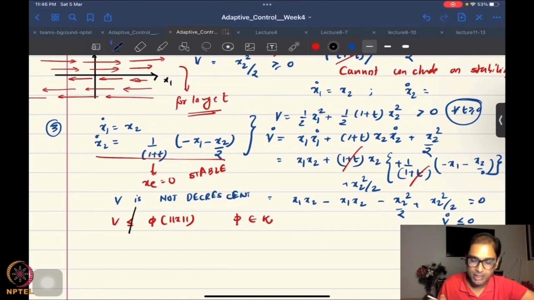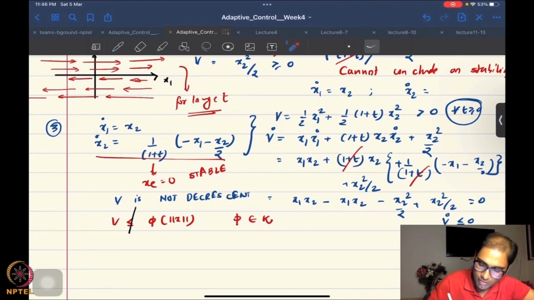I will keep pushing up time so that the left hand side can never be less than the right hand side, because the right hand side was some constant. It doesn't matter how large it is. I can always push t larger and larger to achieve V greater than phi naught of x.